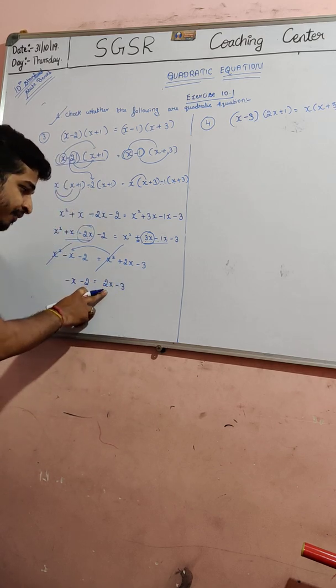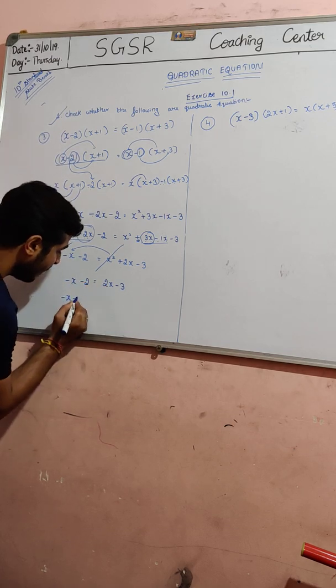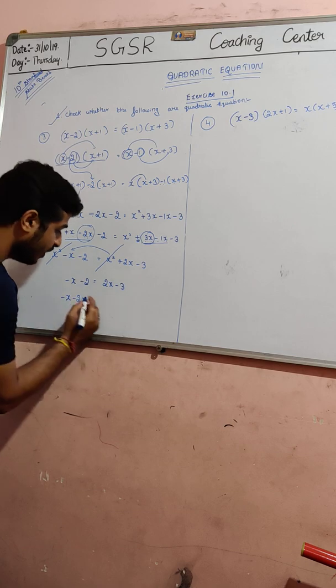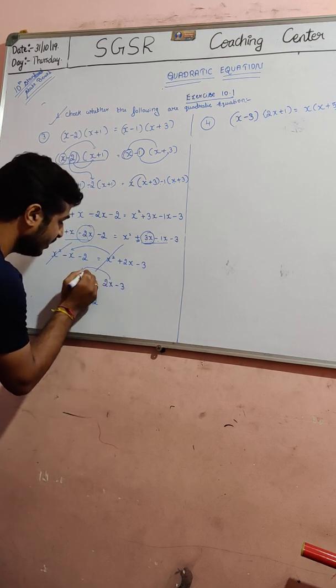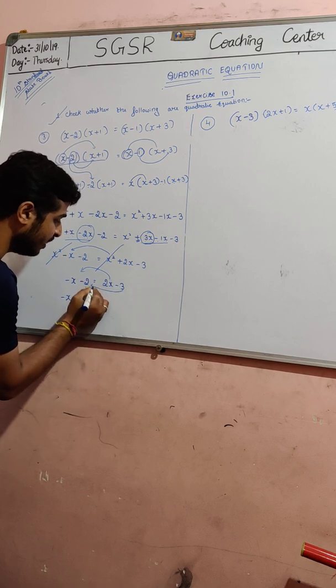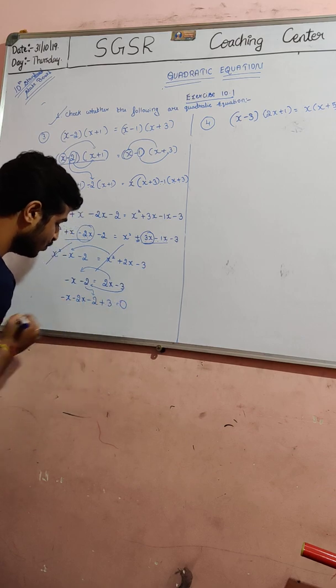Now when you shift this 2x over here, minus x minus 2x. Minus 2 I am writing as it is here. So this I am shifting here, so this also I am shifting here. So minus 3 becomes plus 3 here, is equal to 0.